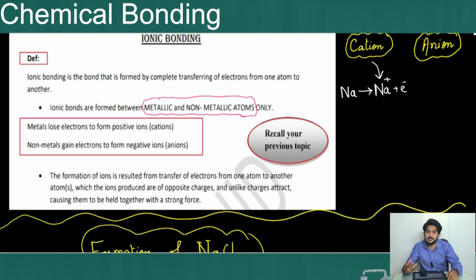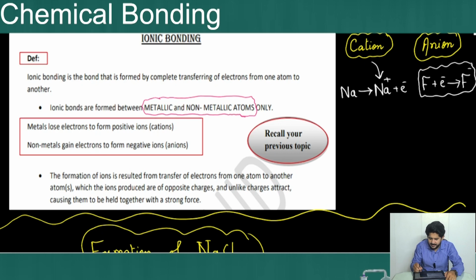Similarly, an anion is a species that is formed by accepting an electron, and it is a property of a non-metal. For example, you have fluorine. Fluorine is a non-metal which accepts one electron, and after carrying this one electron, the negative charge appears on it, F negative.